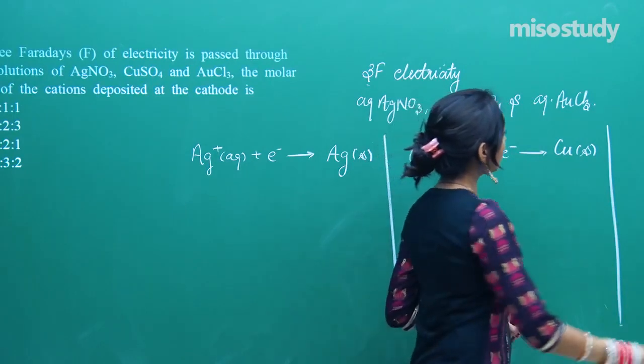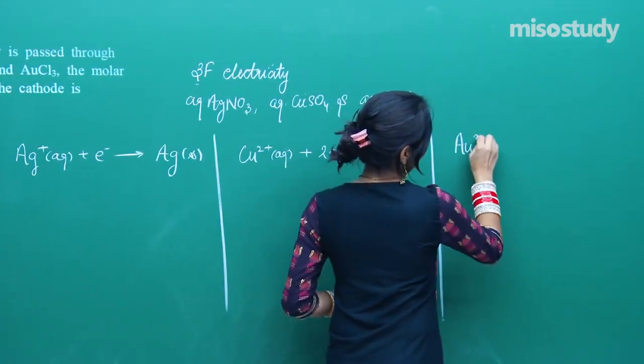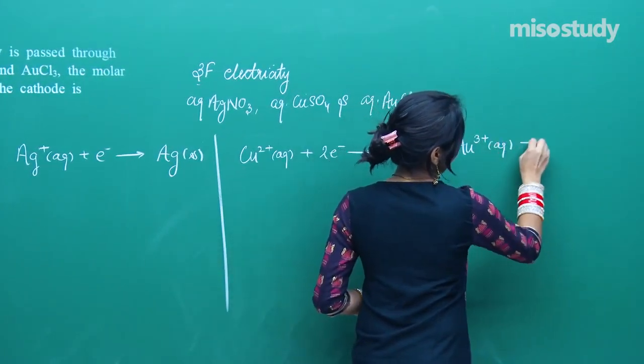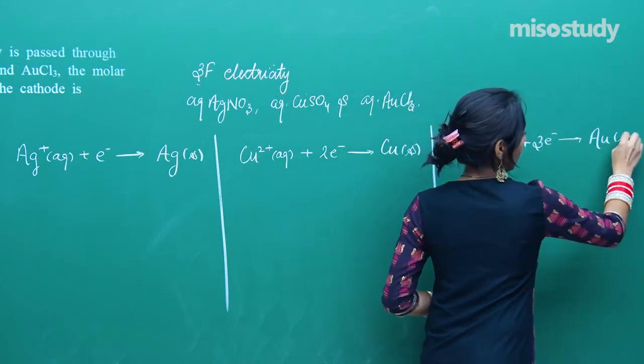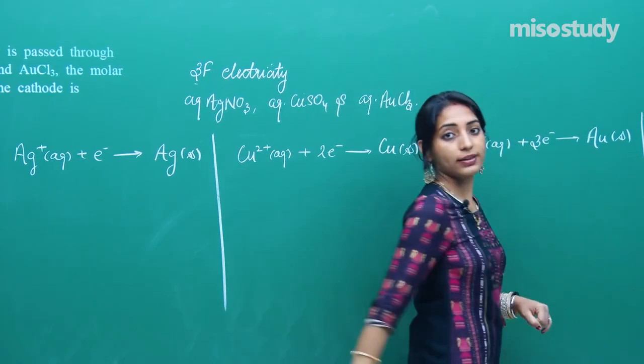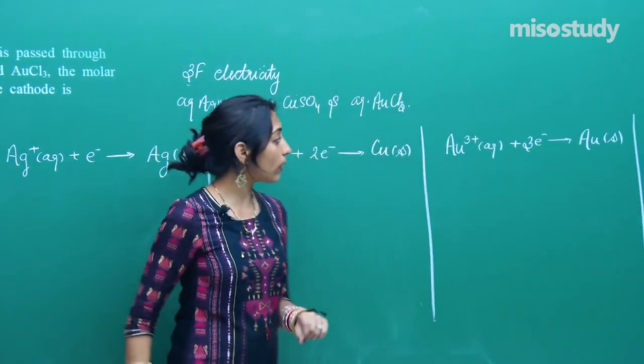And the third, Au3+ aqueous will accept 3 electrons to form Au solid.